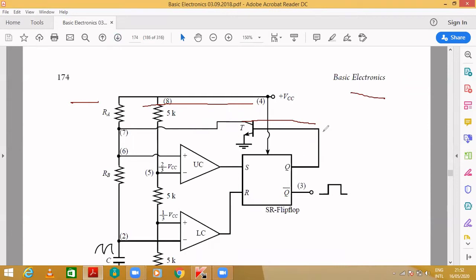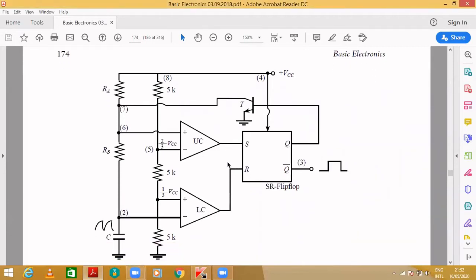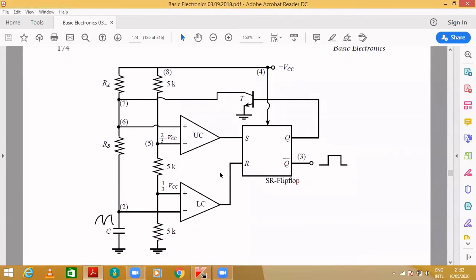Here you can observe there is not much difference between the previous basic timing circuit and this circuit. In the basic timing circuit, R is operated manually, but here we are connecting one more comparator. You may wonder why it is called a triple five timer.